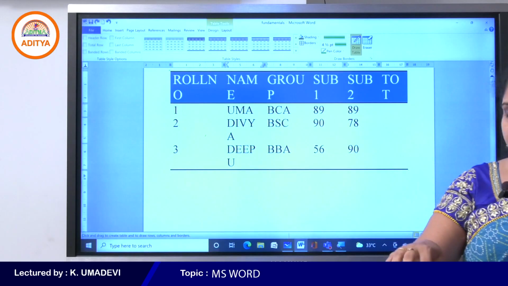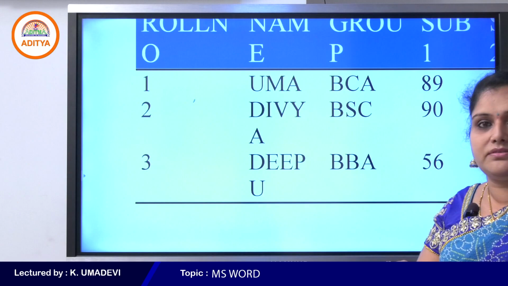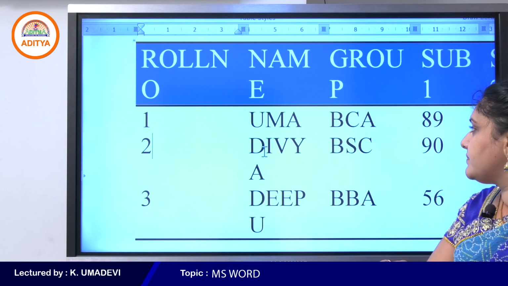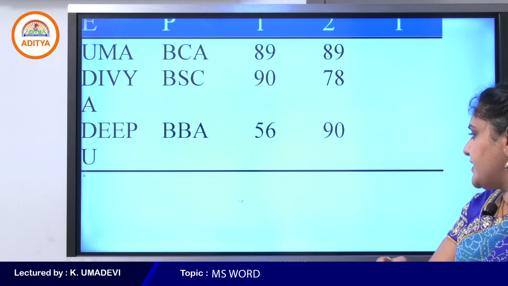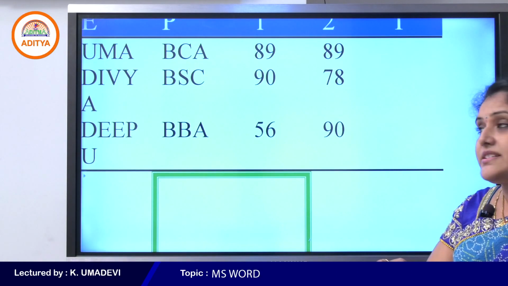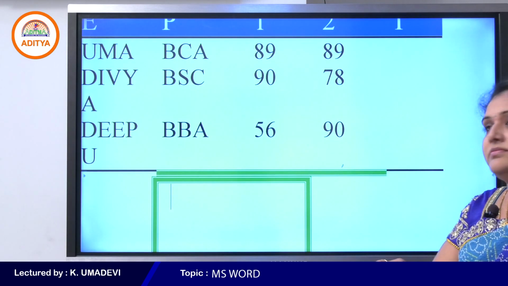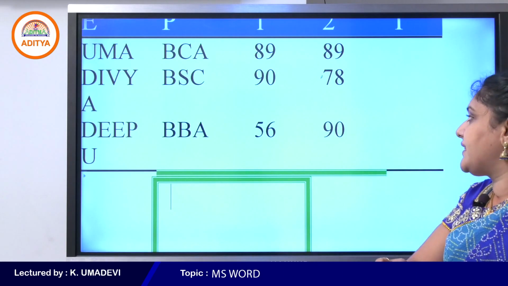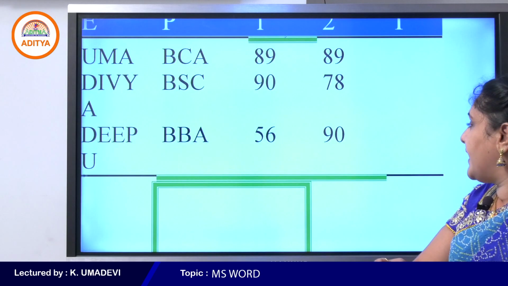So observe the symbol students here, a pen symbol has appeared on the Word window, right? Now if you want to draw a separate table, simply draw it separately, or else if you want to apply the borders for the existing table, simply click with the pen symbol on the edges of the borders.